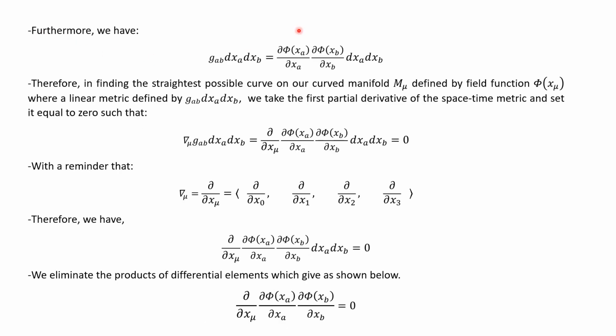Furthermore, we have, therefore, in finding the straightest possible curve on our curved manifold M defined by field function phi, where a linear metric is defined by, which is equal to that, we take the first partial derivative of the spacetime metric and set it equal to zero, such that, see, we take this derivative, you see this derivative is applied to the spacetime metric and set equal to zero, with the reminder that the partial derivative of the gradient vector is this expression or equation. Therefore, we have this expression.